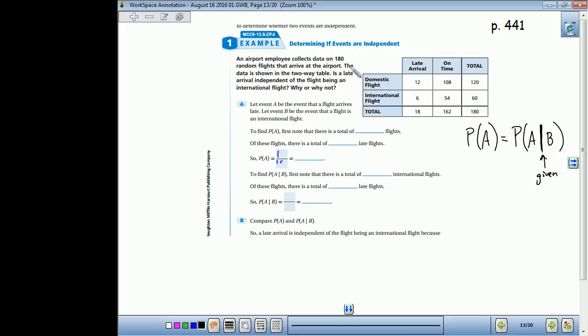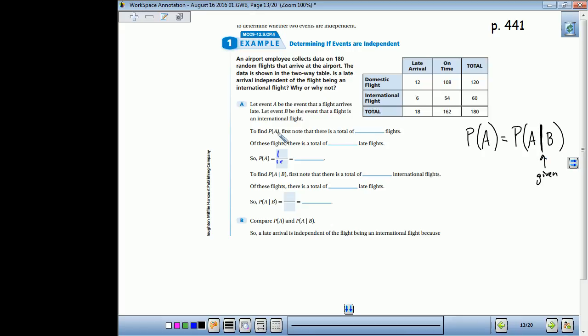It says an airport employee collects data on 180 random flights at the airport. The data is shown in this two-way table. Is a late arrival independent of a flight being an international flight? If they are independent, the probability of A is going to be the same as the probability of A given B occurred.